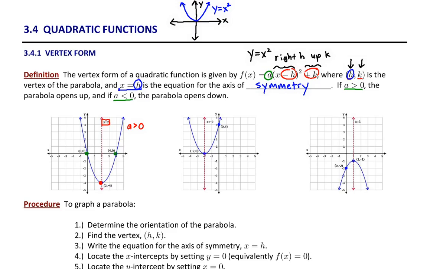So observe the x-intercept to the right of the axis of symmetry is 2 units away, and the x-intercept to the left of that axis of symmetry is also 2 units away. So points on either side of the axis of symmetry are going to be equidistant from that axis of symmetry. So that's an important tool that you can use to make sure that your parabola comes out symmetric.